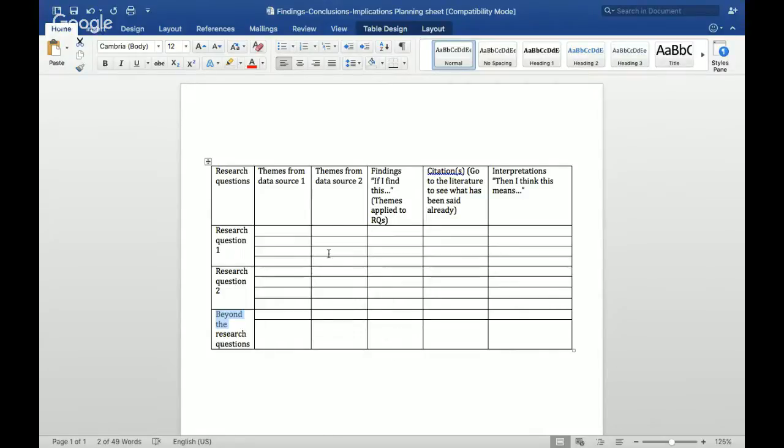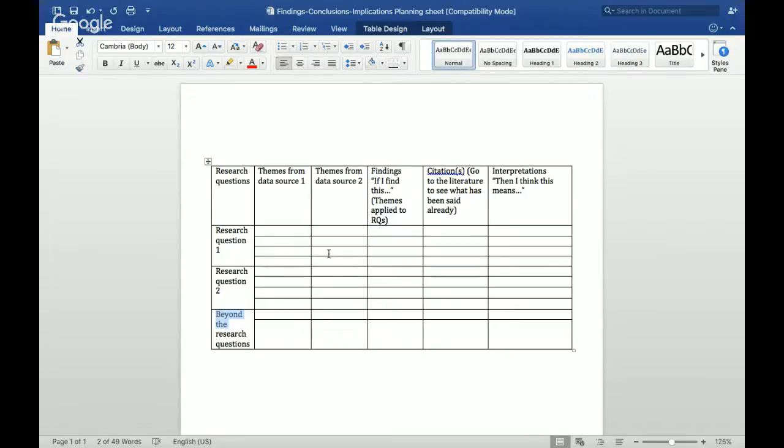I don't want to give you an example because the way you state your findings can vary, but it's not just theme. For example, maybe one of your themes might be that all of the participants discuss their family as being important for their decision to apply to a school. They really consider their family. If that was your theme, then what does that mean in relationship to the research question?